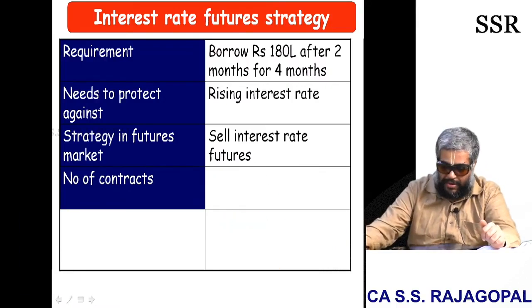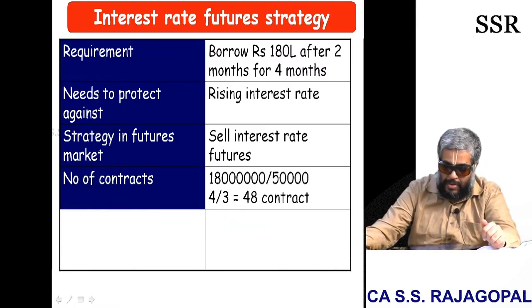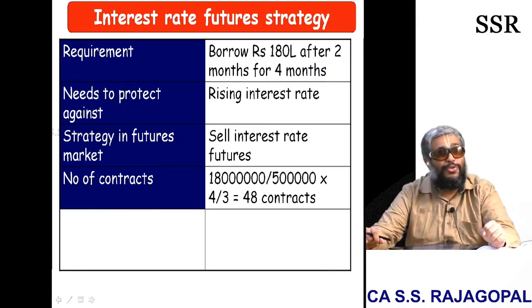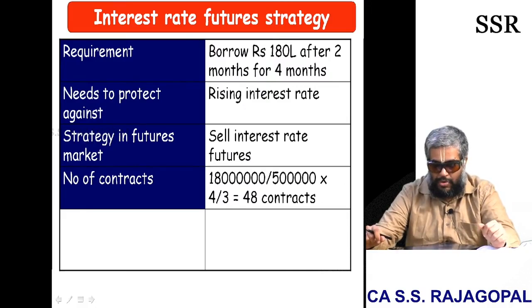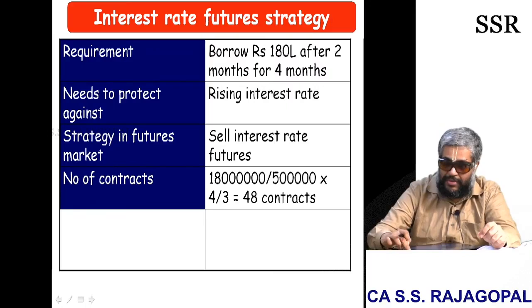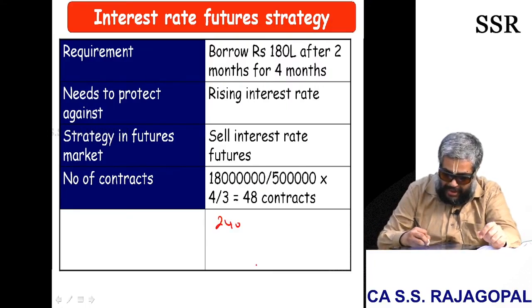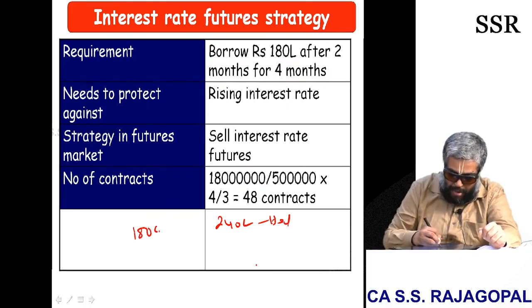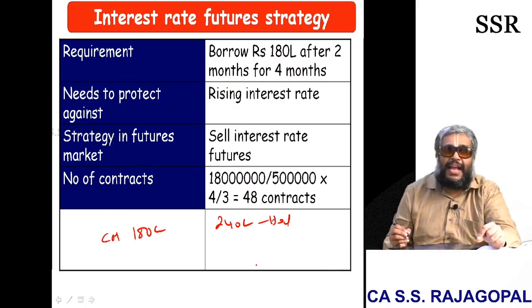So the number of contracts is 1 crore 80 lakhs divided by 5 lakhs into 4 by 3, which is equal to 48 contracts. In other words, I am hedging 48 into 5 lakhs, 240 lakhs, in the futures market, but I am going to borrow only 180 lakhs in the cash market.